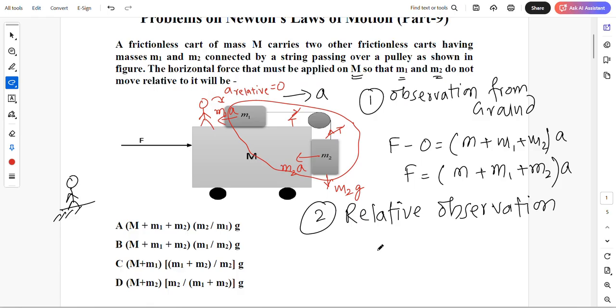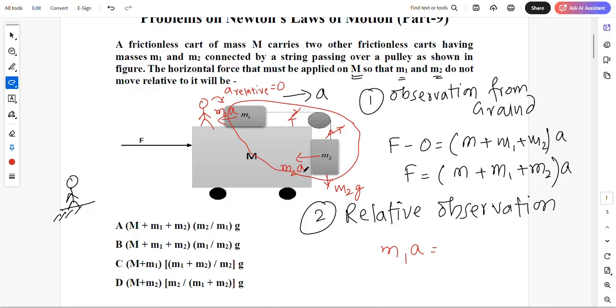Now here m1a. Forces are balanced here. Forces are balanced because a relative is equal to 0, so I can equate.